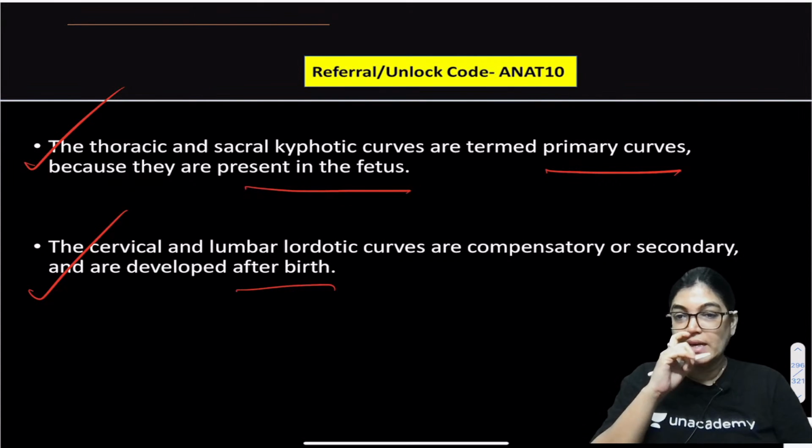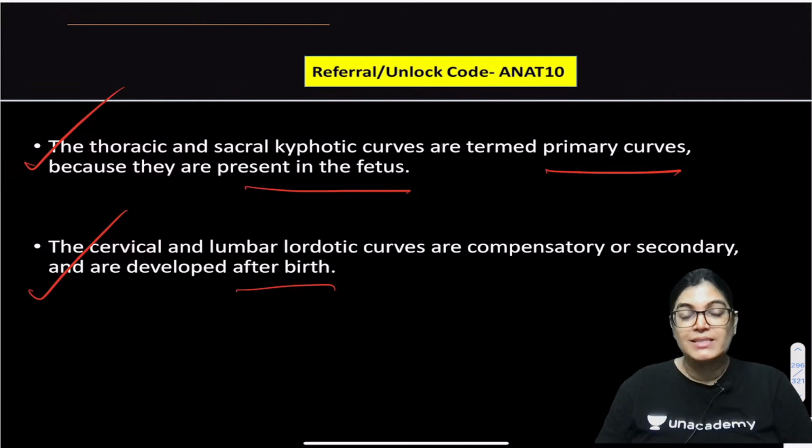The cervical curve appears when the baby gets neck holding capacity at 4 to 5 months, and it can vary until 6 months. The lumbar curvature forms when the baby starts to stand up or walk, generally at 1 year.